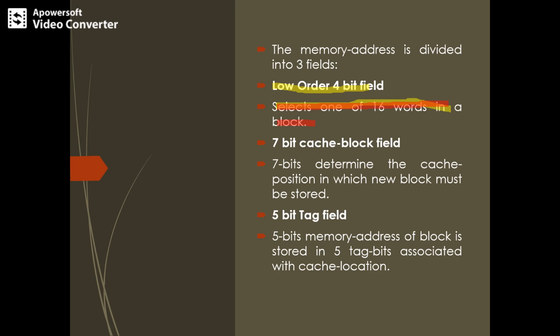The last part of the memory address is the 5-bit tag field. This 5-bit tag field specifies the memory address of the block stored in the 5 tag bits associated with the cache location.